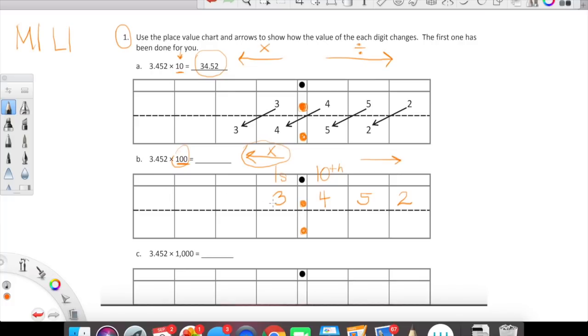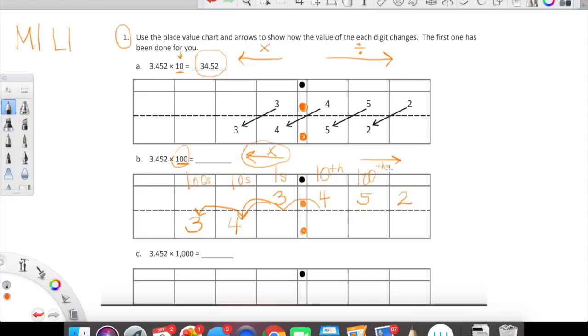So 3 started off in our ones place value. 3 is going to shift 1, 2 columns to the left, and it will land right here in our hundreds place value. 4 is in our tenths, but it is going to shift 2 columns to the left, which will land 4 in our tens place value. 5 is here in our hundredths to the right of the decimal.